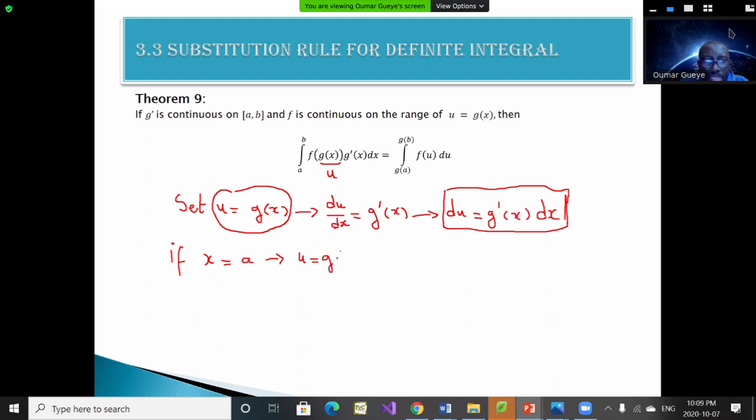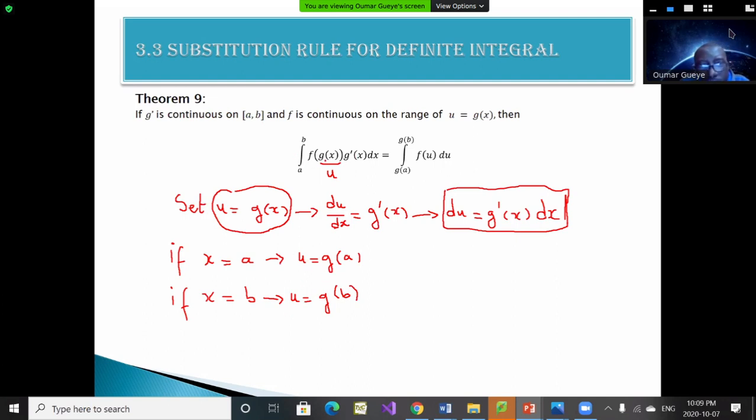And this is going to be the first limit for your integral. Now, if x is equal to b, u is going to be g of b. And now we're ready to substitute. So you always have to find the new interval of integration.